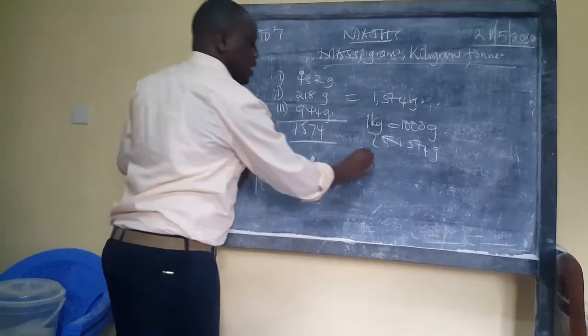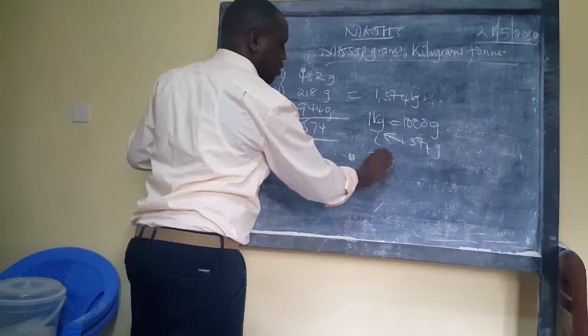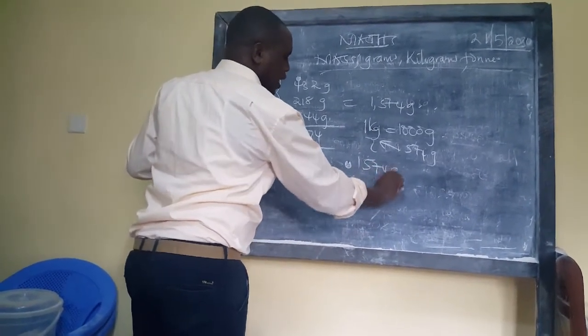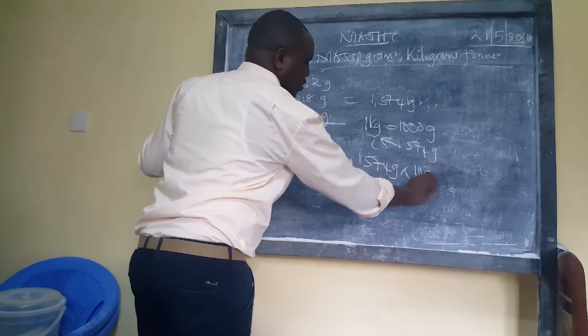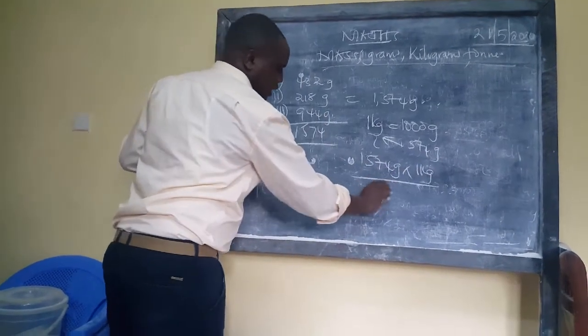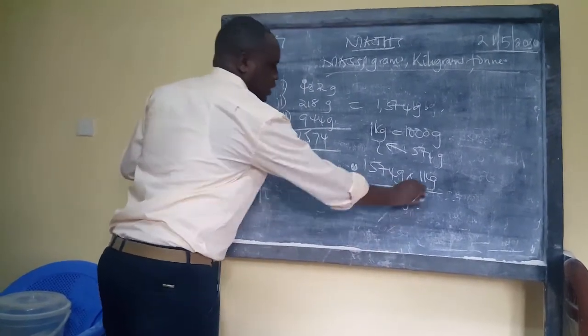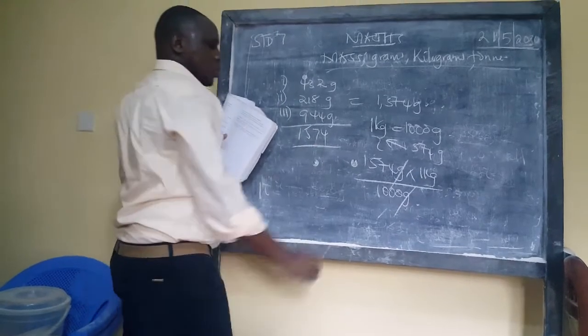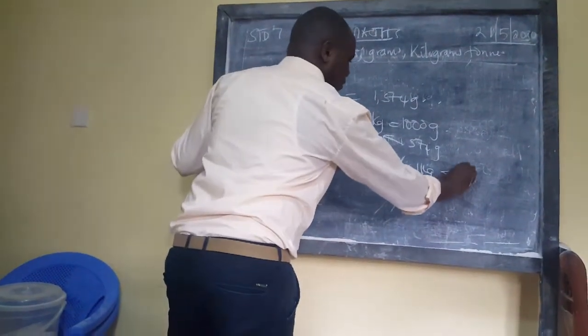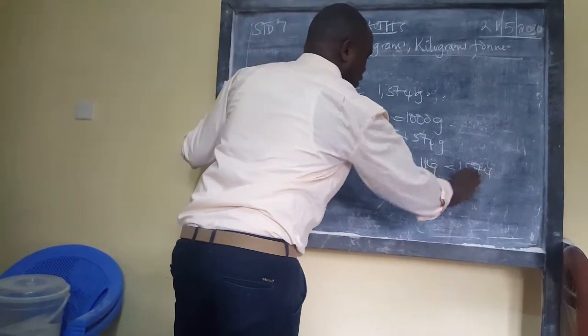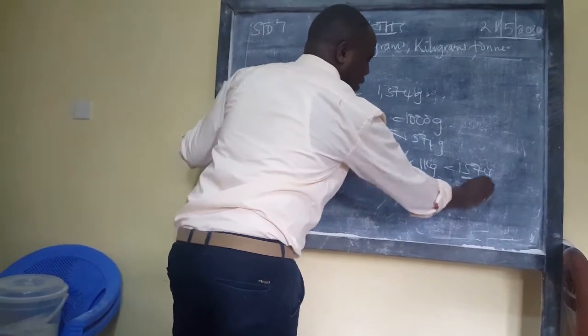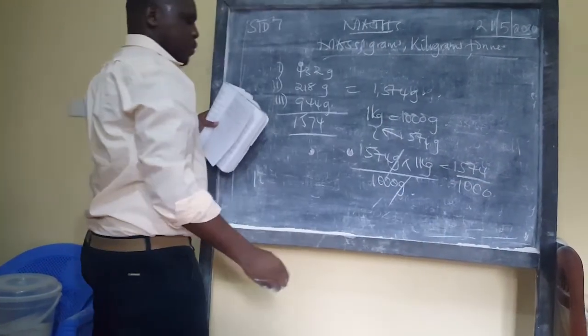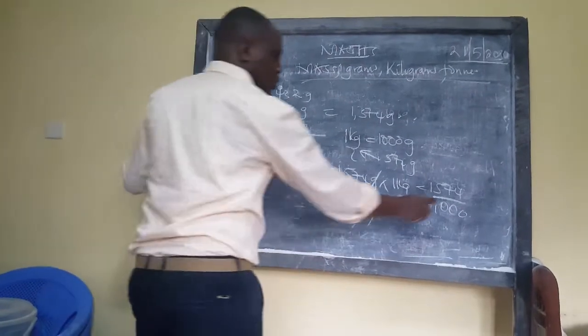Multiply like this: 1,574 grams times 1 kg over 1,000 grams. This and this will cancel. So in our case here, we're remaining with 1,574 over 1,000. If we are here, it means we are dividing.